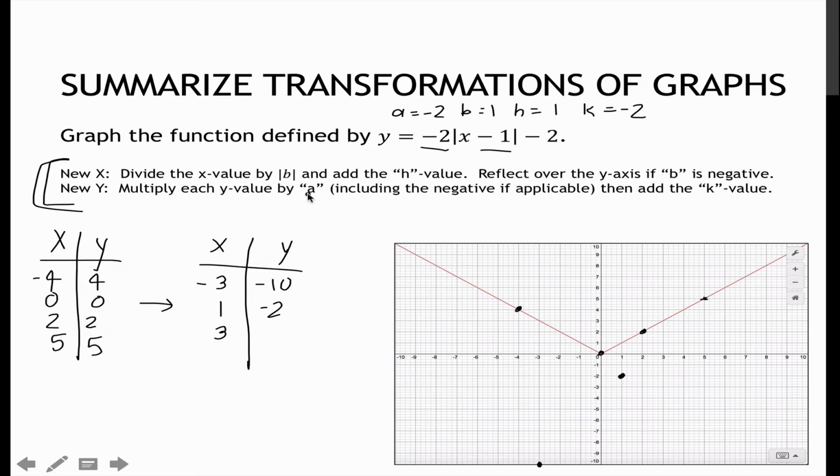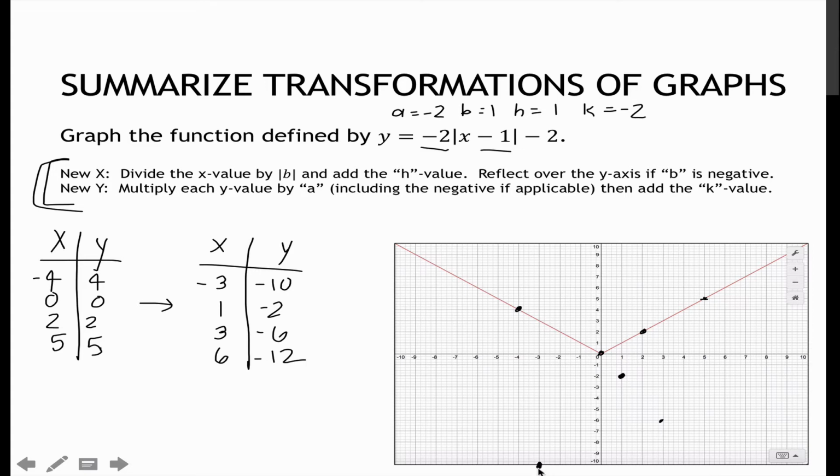This 2 multiplied by -2 gives me -4, plus -2 is -6, so (3, -6). And for 5, I take 5 divided by b, which is 1, plus 1, which is 6. Take 5 multiplied by negative 2, which is negative 10, and minus 2 is negative 12. So (6, -12). Now that's obviously off my graph, but it would be very steep, essentially.